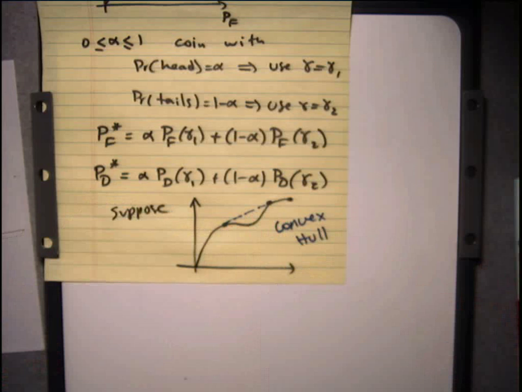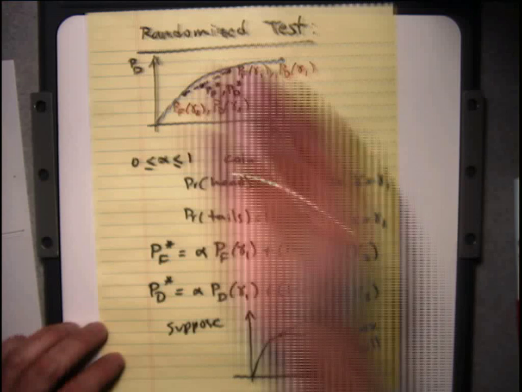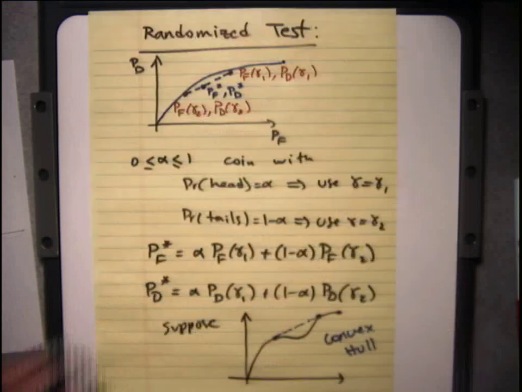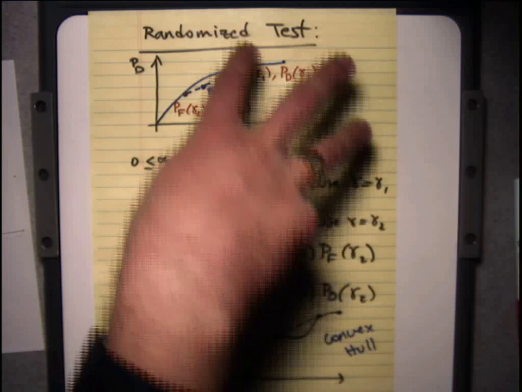All right, so this is an interesting idea, and of all the stuff that we've talked about so far, this business of randomized tests is probably the least easy to internalize. It takes a little practice, but we'll say a little bit more next time about the ROC curve and its properties. There's a tremendous amount of information buried inside this ROC curve.